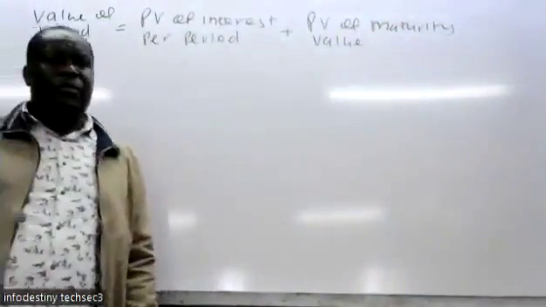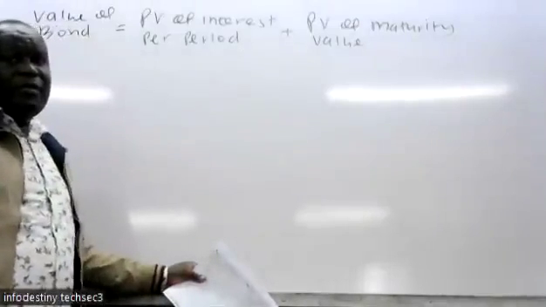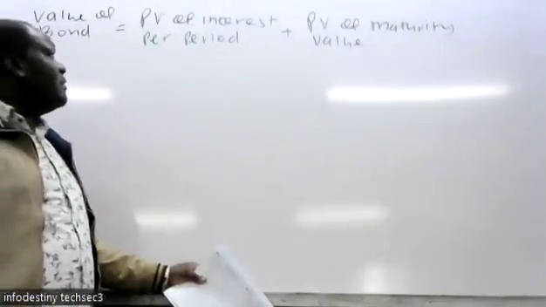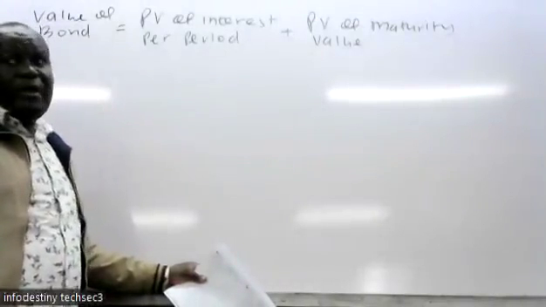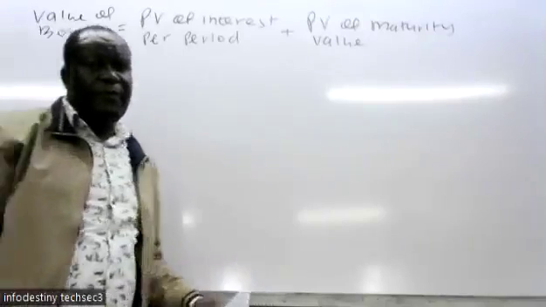So when you want to compute the value of the bond, it will simply be equal to the present value of the interest per period plus the present value of the maturity value of the bond.